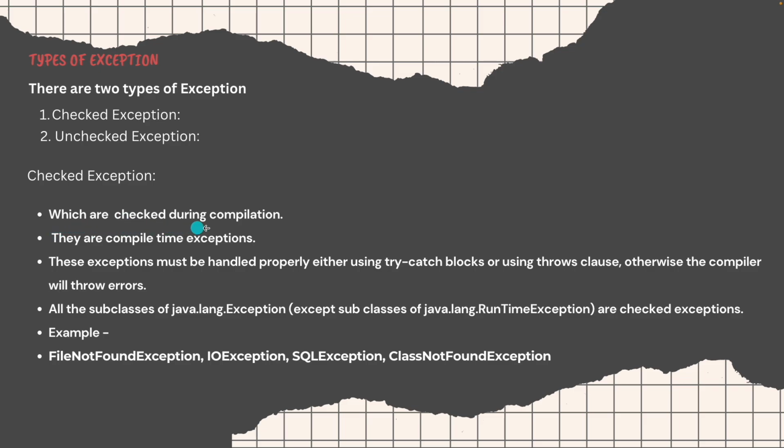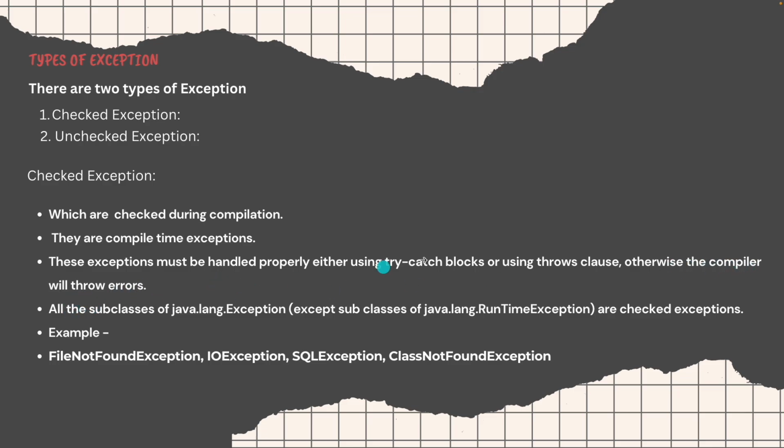And these exceptions may be handled by the use of try catch block, or we can also handle them with the use of throws and throw keywords. We discuss all these scenarios after this presentation.